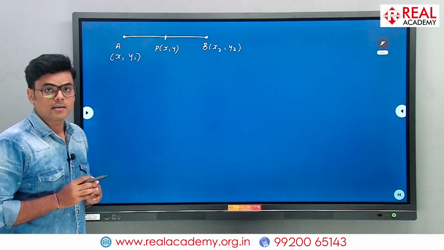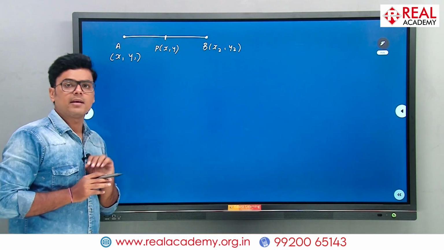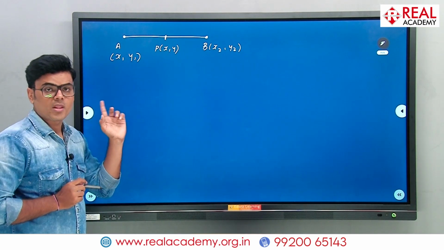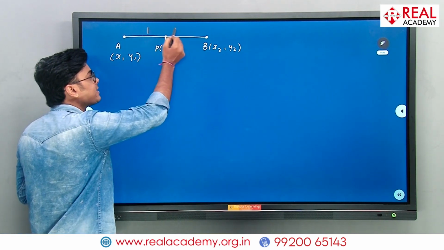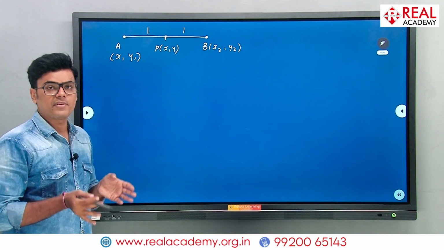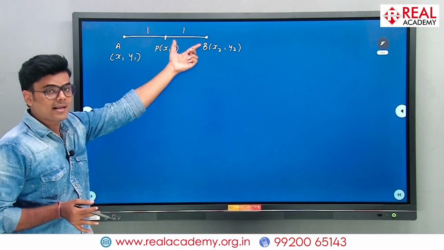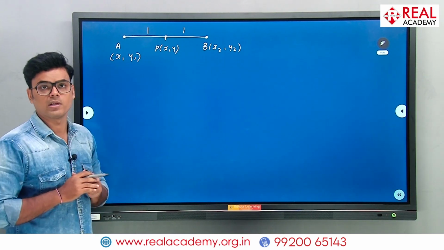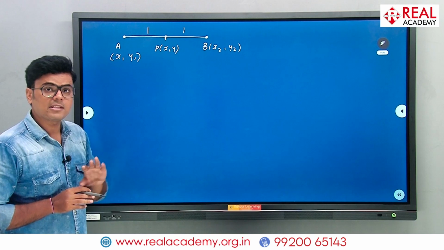We don't know this point yet, so we can use the section formula here also. How? Because if it is the midpoint of this line, both the parts are equal, so the ratio will be m upon m, which cancels, giving 1:1. So we know the ratio in this case.